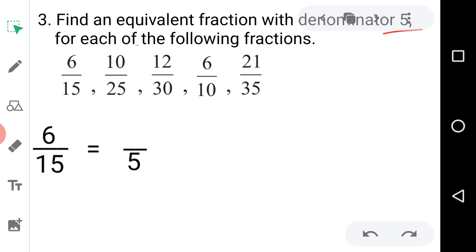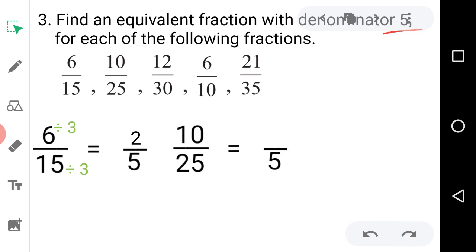If we divide 15 by 3, we get 5. So here we have to divide numerator and denominator. 15 divided by 3 is 5. So we need to divide 6 by 3. 6 divided by 3 is 2. So we get an equivalent fraction 2 upon 5.